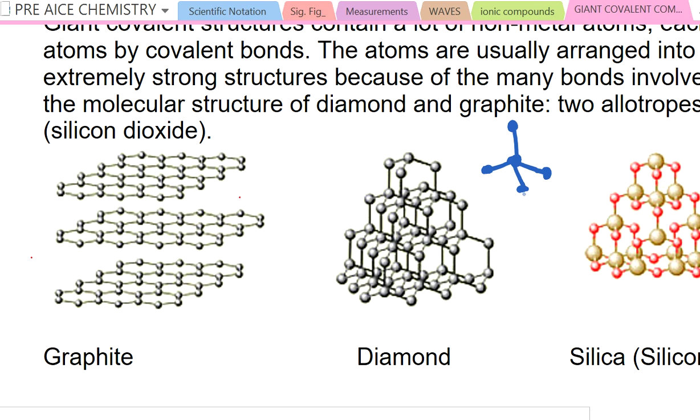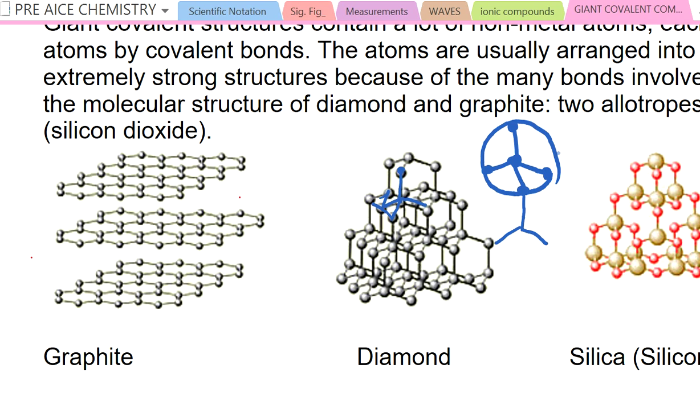And this carbon is going to be attached to another carbon, and another carbon, and so on. So in general, each carbon atom is attached to 4 other atoms of carbon. No free electrons.